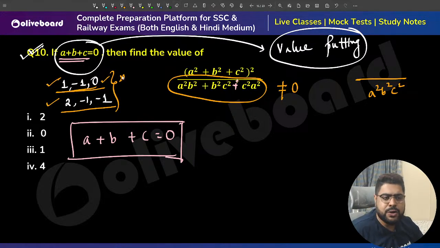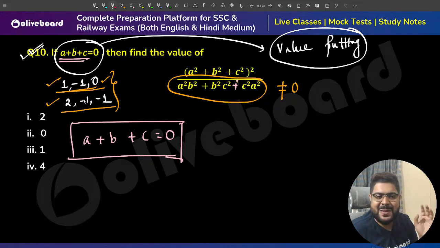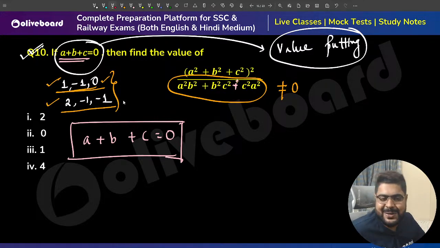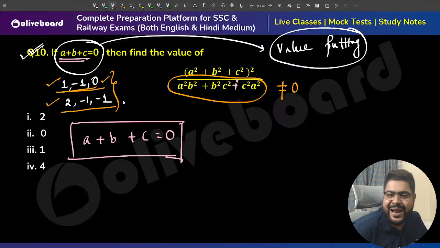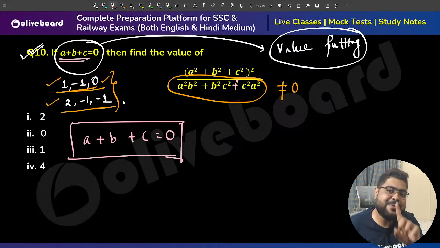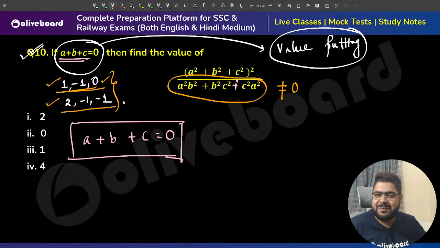Whenever you are putting values, our first target will be 1, minus 1, 0, because it is easier to calculate. But again, I have to make sure about the denominator.